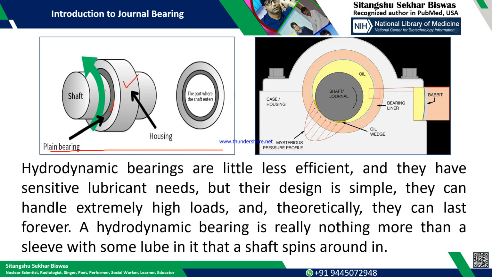In between the shell and the shaft there is a very minute gap, and that gap will be filled with some viscous liquid. The journal is basically the portion of the shaft inside the bearing.